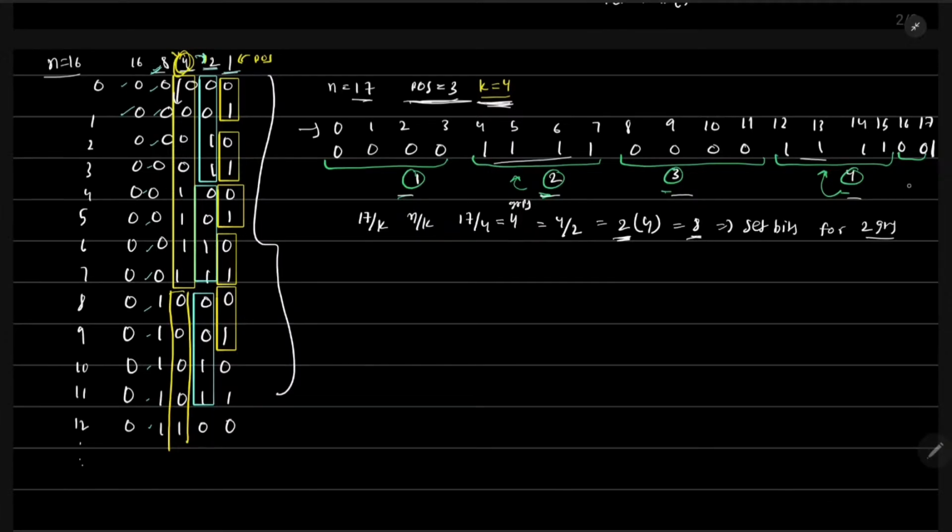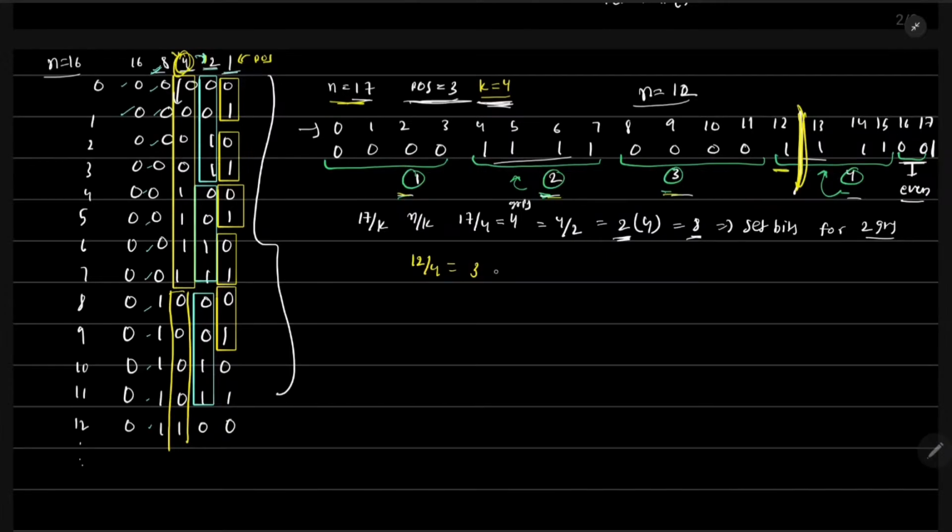But this isn't over. I need to count the leftover part also. There might be a case where it is ones and I just left it without counting, so I have to count it anyway. For example, if n equal to 13, or 12, maybe 12 until here. 12 divided by 4 is 3, so I got 3 groups here, 1, 2, 3, and I am left with 1 here.